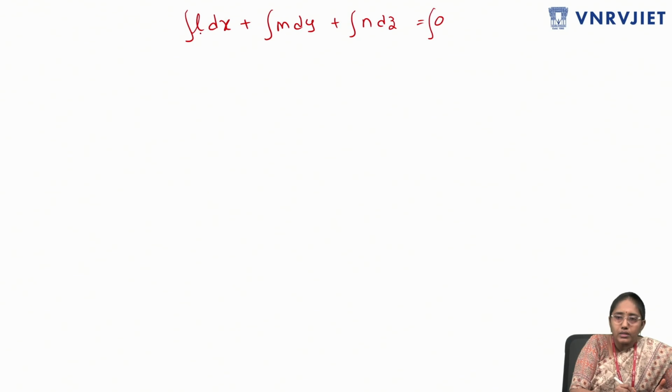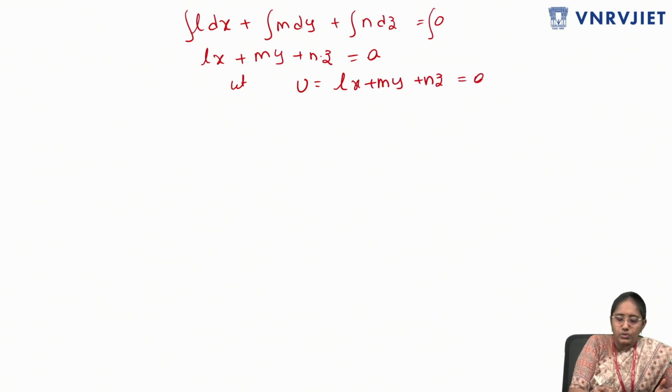Then we get l times integral of 1 dx, that is lx, and m times integral of 1 dy is y, plus n times integral of 1 dz is z, is equal to an integrating constant a. So let it be considered u is equal to lx plus my plus nz is equal to a.